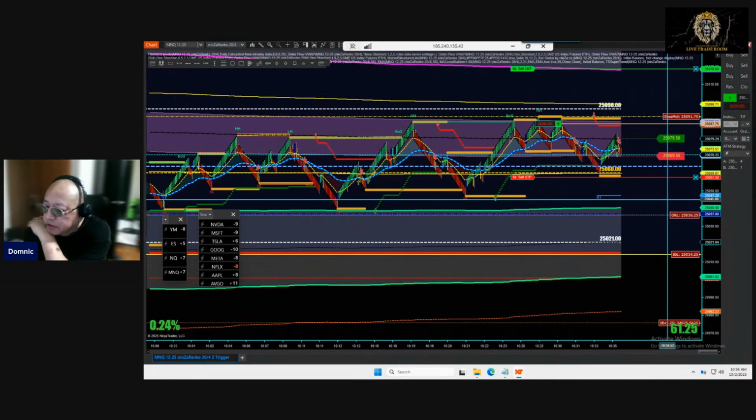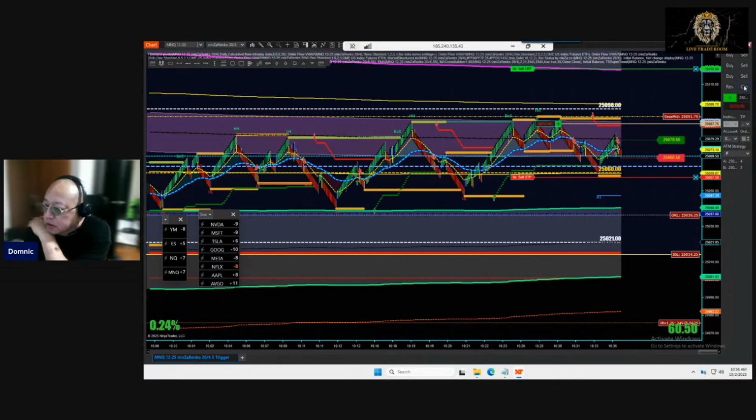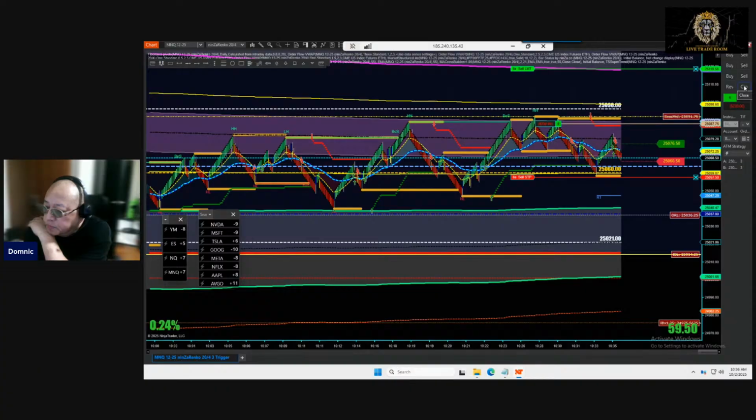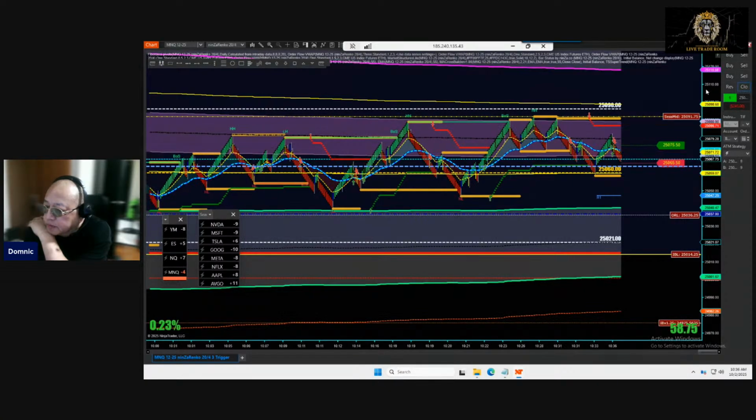Okay, the reversal down. Let's see. We already closed this out just in case it continues coming down. I'll close it there.